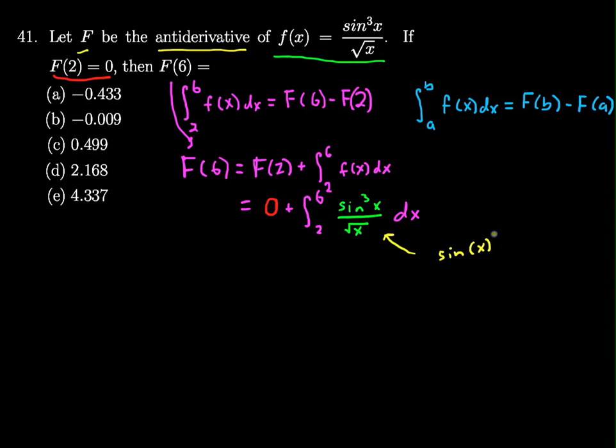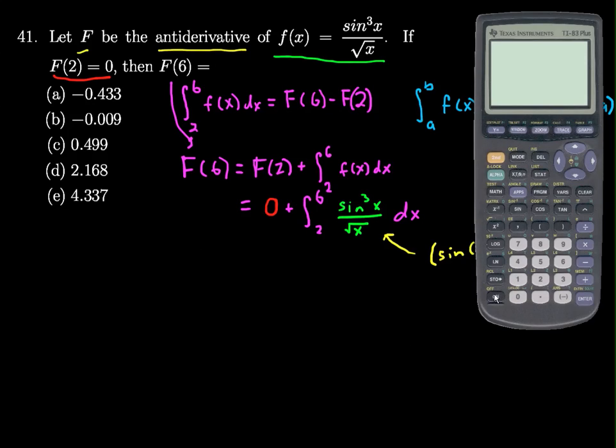I can actually put the cubed right here and it will work correctly, but for clarity's sake, so everyone's clear, I'll put the cubed out here so we see it's the sine to the third power, divided by the square root of x, which I'll put inside parentheses. That's how I'm going to write this function out. So let's go to the calculator and get it started.